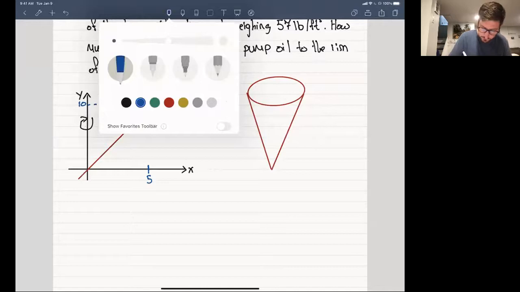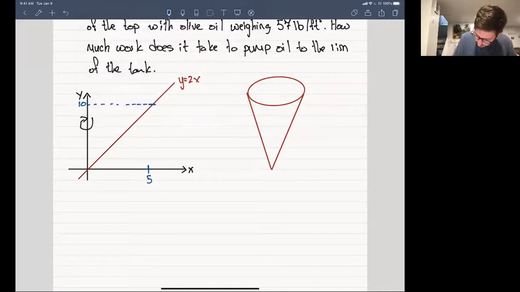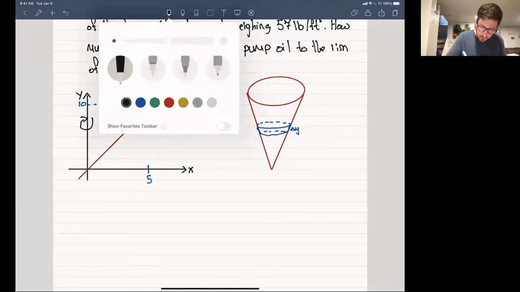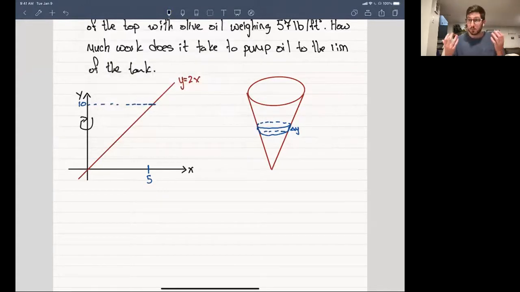So imagine, I take some little layer like this, and it's just some little delta y thickness. So this would be height delta y right here. I can approximate the volume of that layer, and then I can find the work required to move that layer all the way to the top to get it to the rim.